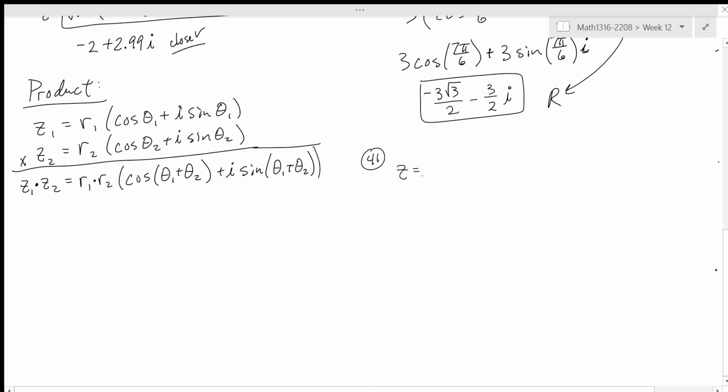All right, for number 41, Z equals 2 cosine pi over 8 plus i sine pi over 8, and W equals 2 cosine pi over 10 plus i sine pi over 10.